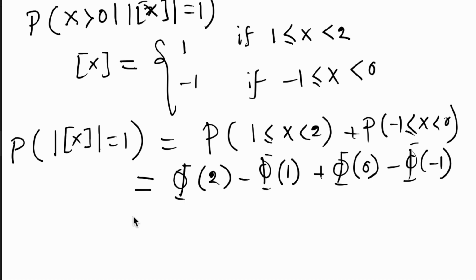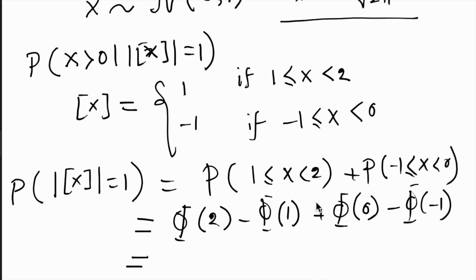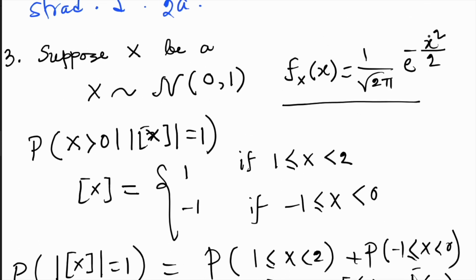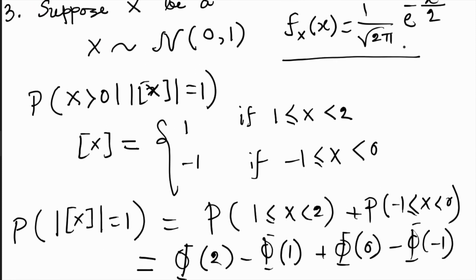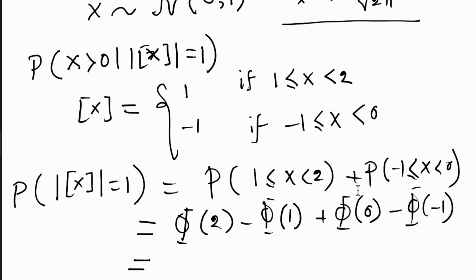And phi 0 means the cumulative function at 0. So this will be half, right? Nothing but half.